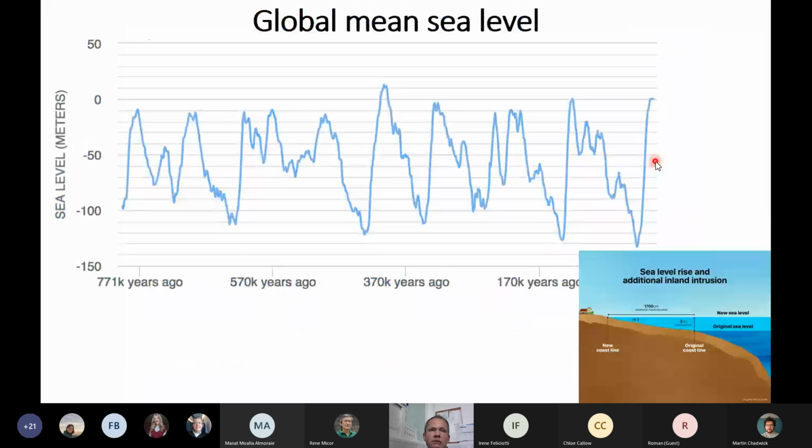Speaking from a broader point of view, a lot of parameters around us are subject to fluctuations, subject to randomness. For example, the global mean sea level is changing over years.